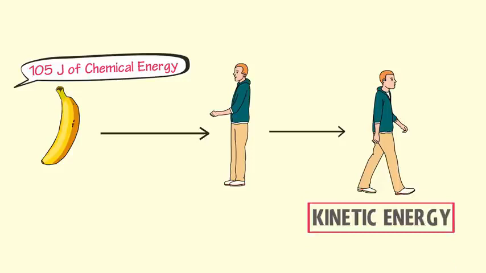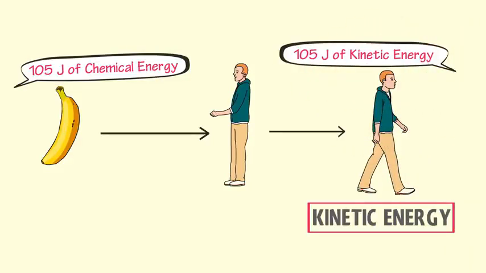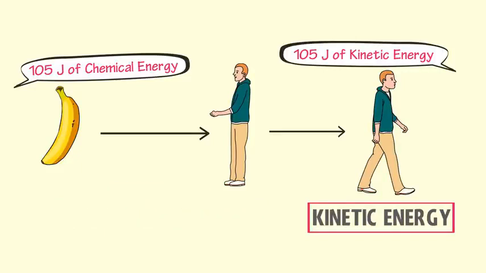Thus, your body will convert 105 joule of chemical energy into 105 joule of kinetic energy. Here in this example, chemical energy is transformed by your body into kinetic energy. Hence, this is an example of energy conversion or energy transformation.